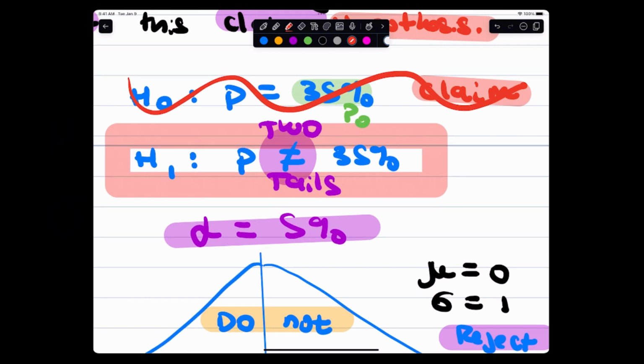However, what were the two conclusions that we said? Either your sample supports the claim or the sample does not support the claim.